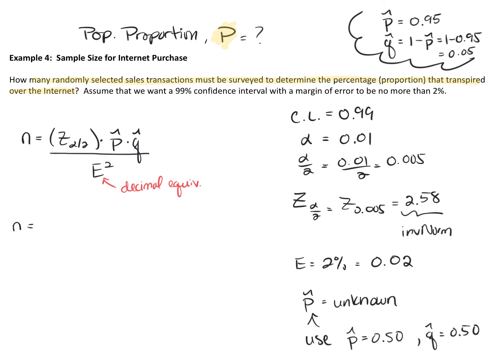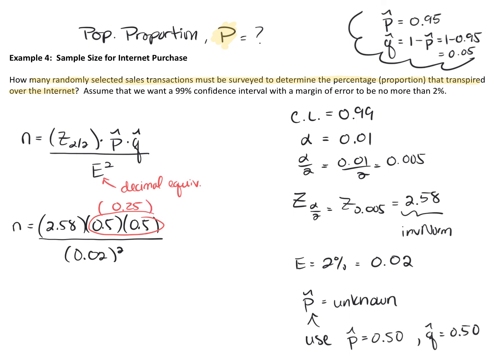So let's put everything into our formula here. That's 2.58 times 0.5 times 0.5, divided by 0.02 squared. And then if you put this into your calculator, 0.5 times 0.5, you'll see that's 0.25. So a lot of times you'll see that in the general formula for calculating the sample size when p hat is unknown.